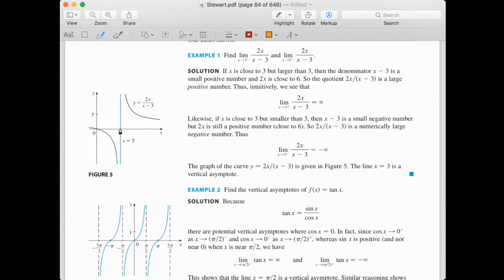So now this point is the point of symmetry for those two branches. So the left limit goes to negative infinity, the right limit goes to positive infinity. All right, and that's it.